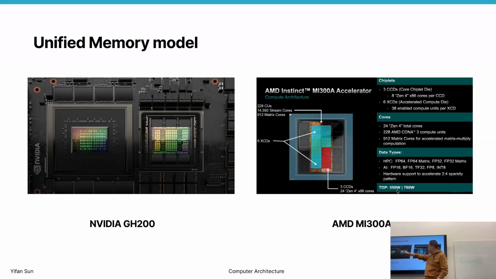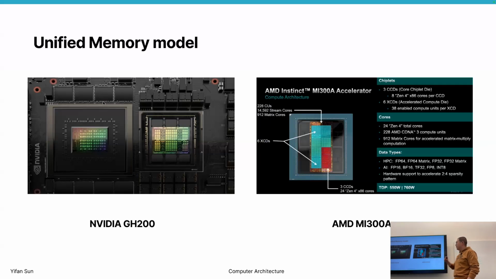So with the Grace Hopper, you can see the CPU may have some memory on the side, but the GPU may have the memory here. So it's not a pure CPU and GPU unified memory system, but their addressing systems are unified. So the GPU can theoretically access the CPU memory directly, but probably at a higher cost.